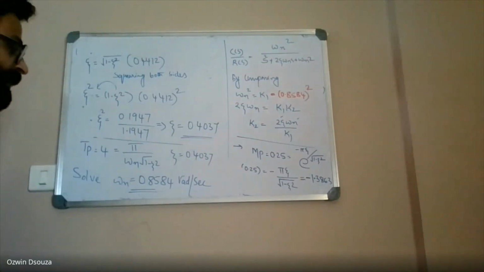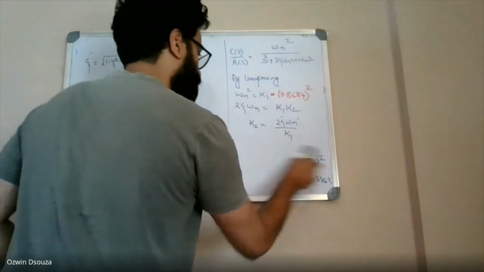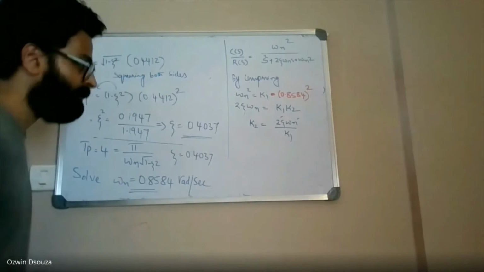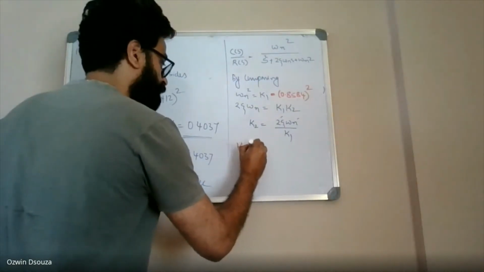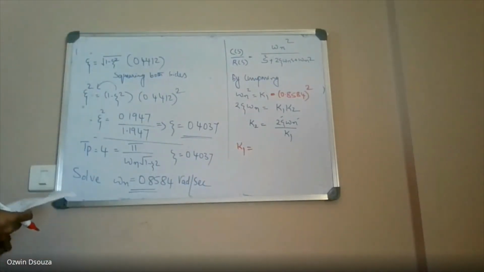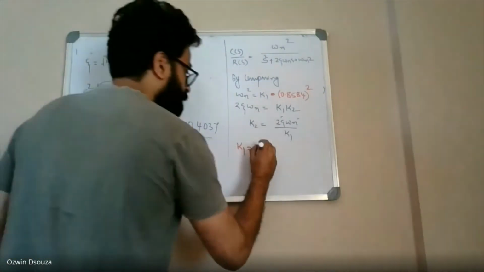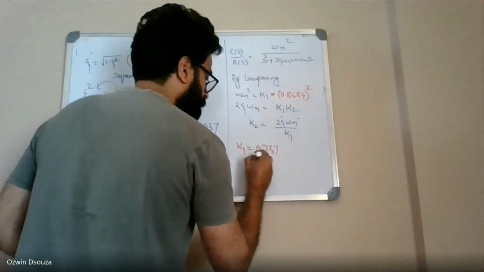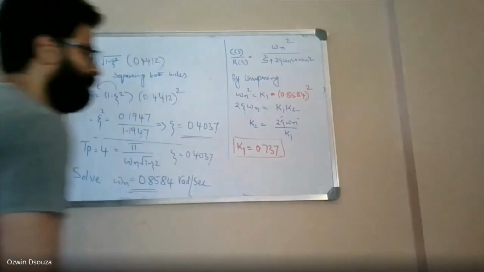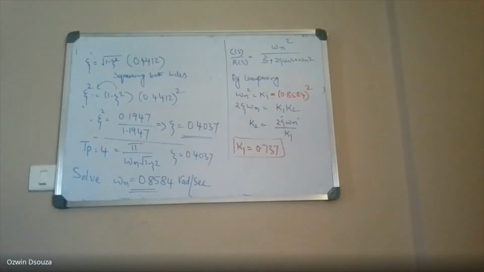So when you square omega n, you will get the K1 value, and you will get it as 0.737. So that's your K1, 0.737.